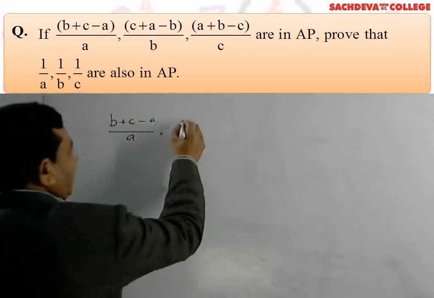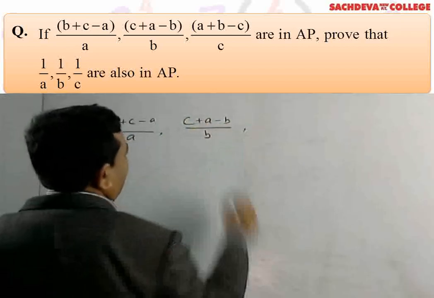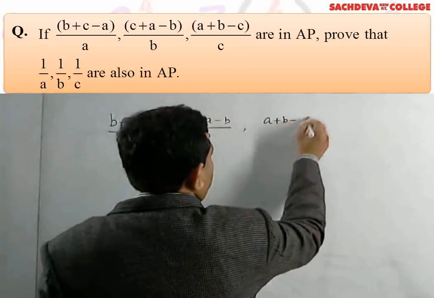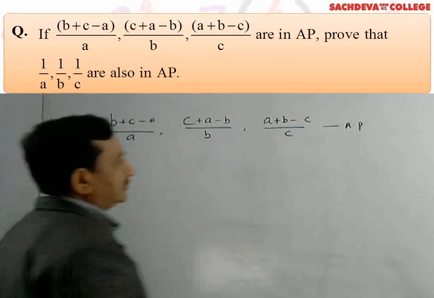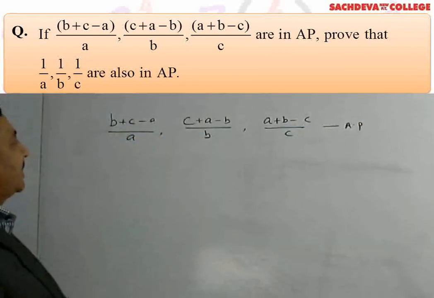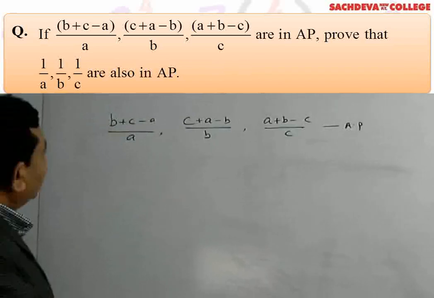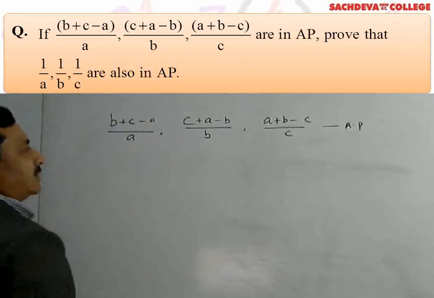(C plus A minus B) upon B, and (A plus B minus C) upon C are in AP. If we add 2 to each term of this series, then the series will also be in AP.